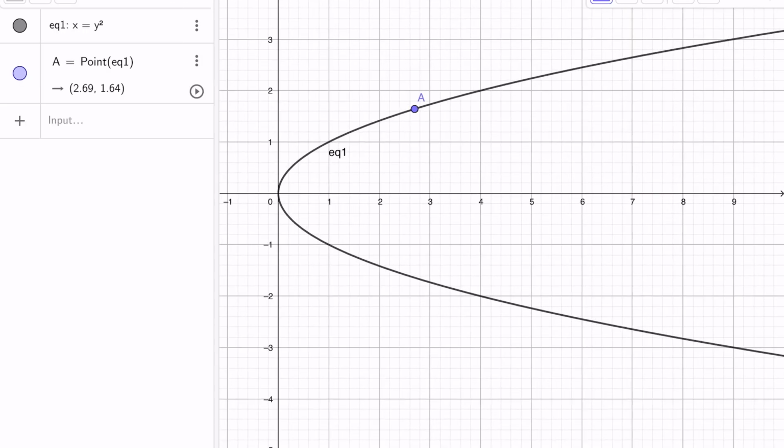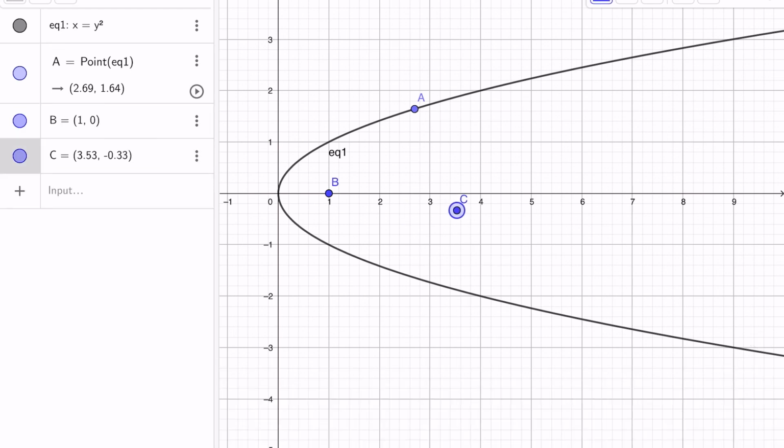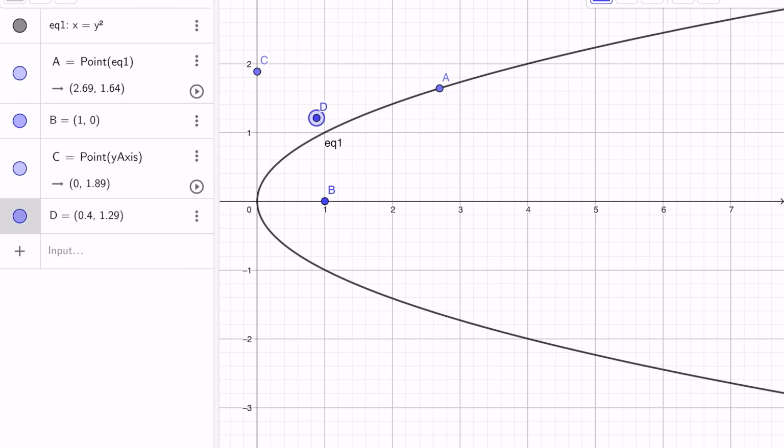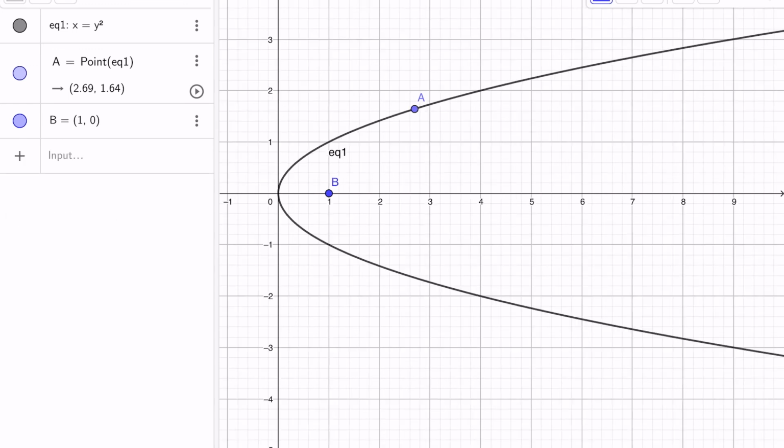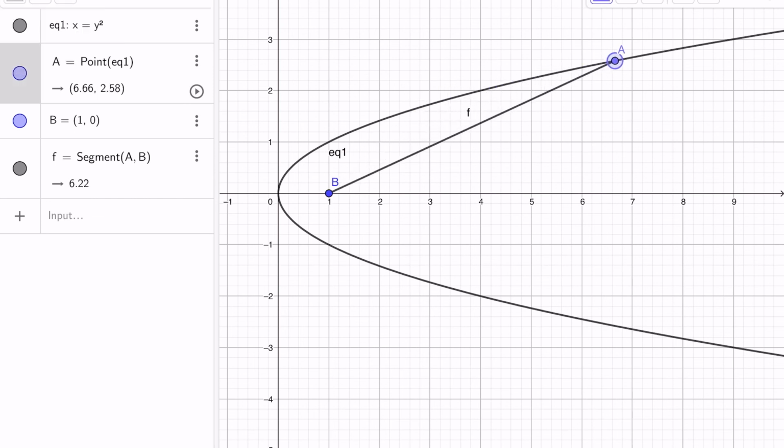Just to finish, I want to show you that we've got the right answer. I've got the point (1, 0) in there, and I've also got a point on the curve. The distance here is currently 2.36. I can read that off the left hand side, and if I move this point further away, the distance gets bigger.